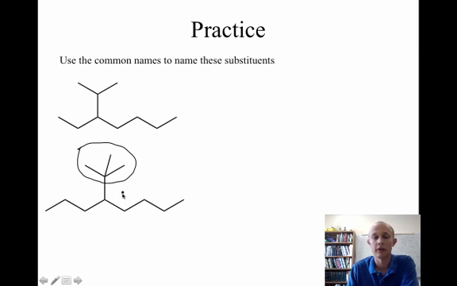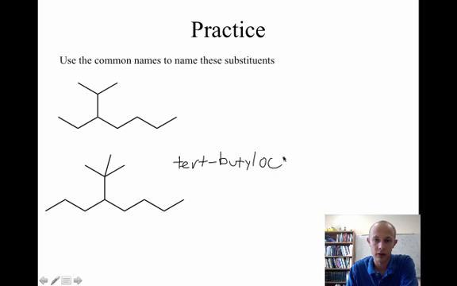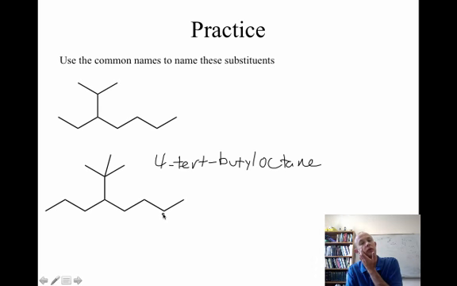We have this substituted substituent, which we previously called 1,1-dimethyl ethyl, which is a mouthful, so now we're going to call this tert-butyl. It's on a 1, 2, 3, 4, 5, 6, 7, 8 carbon chain. So this is tert-butyl octane. And our group is on the 4th carbon. This is 4-tert-butyl octane.